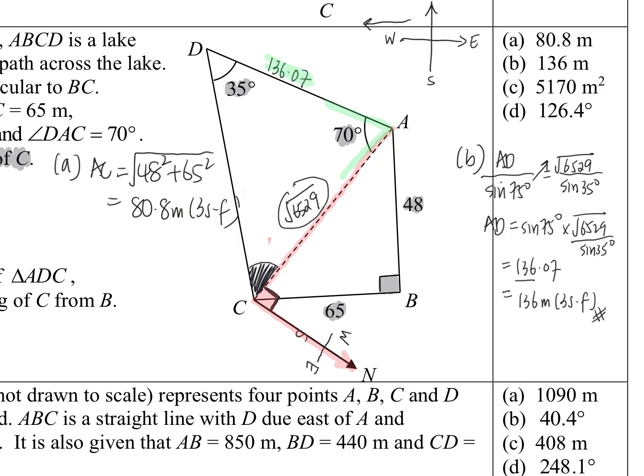So length, and the angle in between. So part C is just half times this, and sine of the angle between them. So just use the formula.